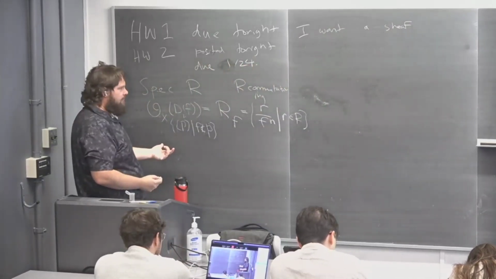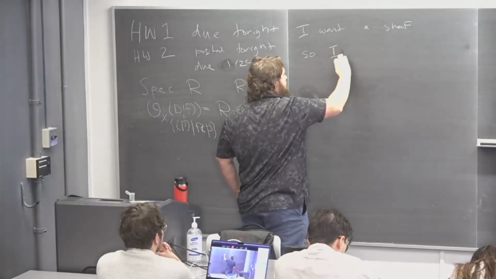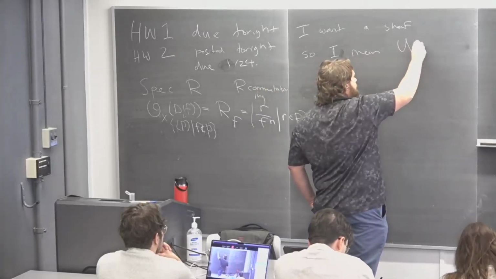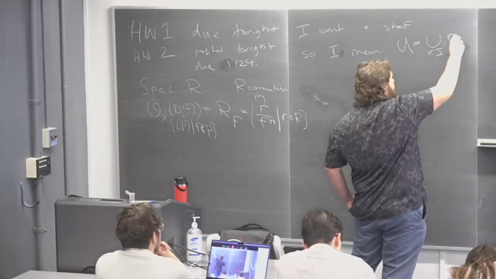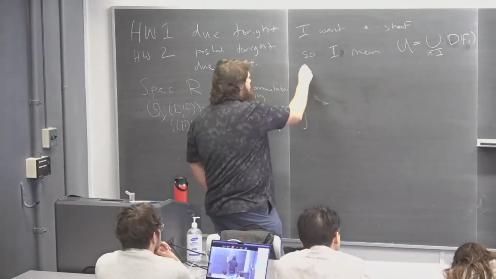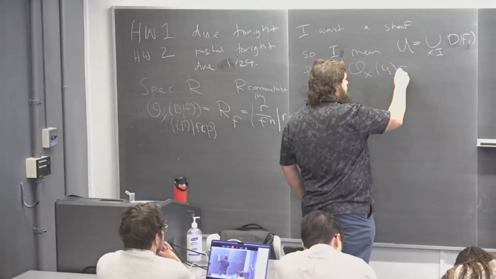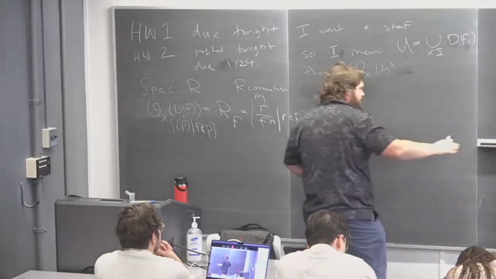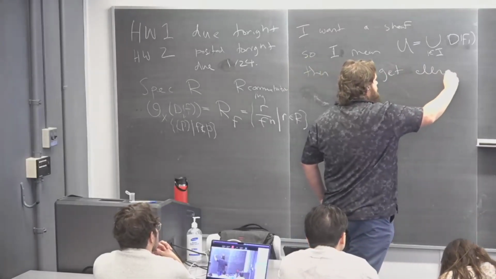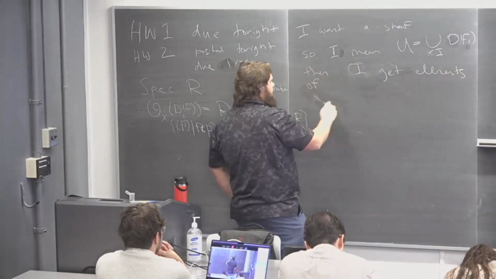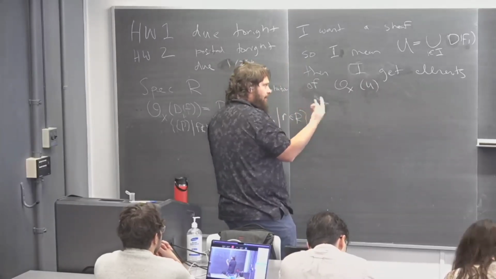So technically, when I write this, I mean that if U can be written as the union of some D(F_i), then maybe there's a better way to say this, I get elements of O_X(U) by taking compatible elements of R[1/F_i] for all i.